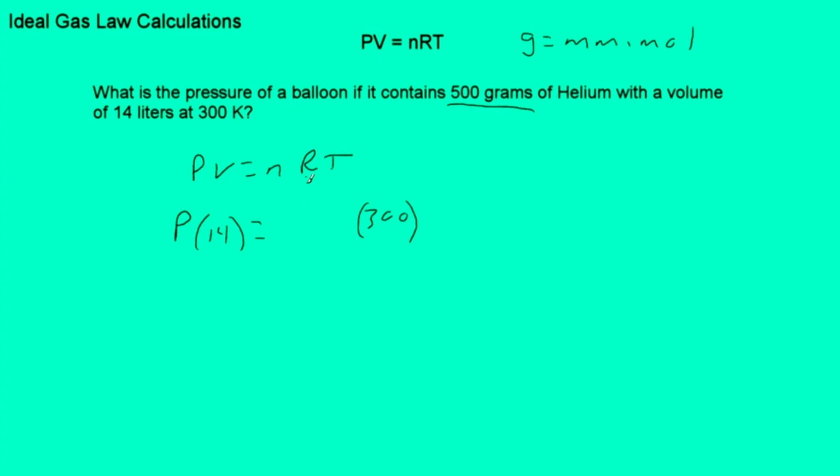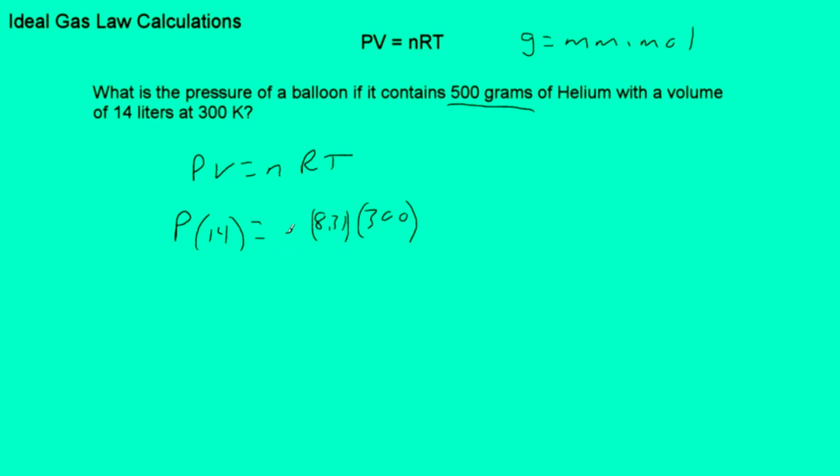It depends on what you're going to set R to. Let's set R to 8.31, which means our answer is going to be in kPa. So I'm just going to pick kPa. If you did 0.082, your answer would have just been in atm.